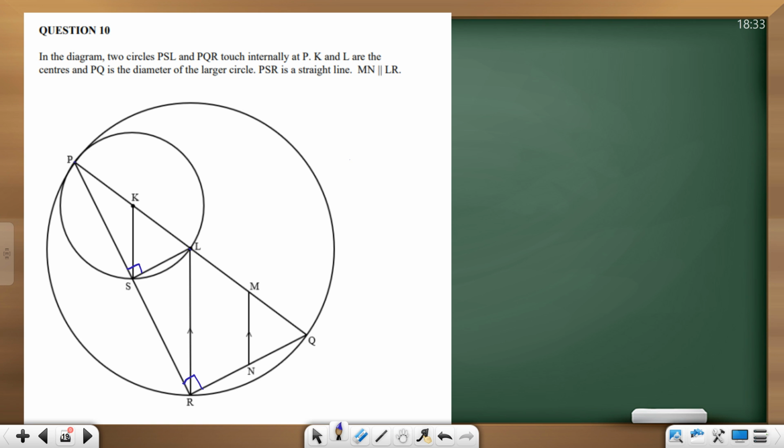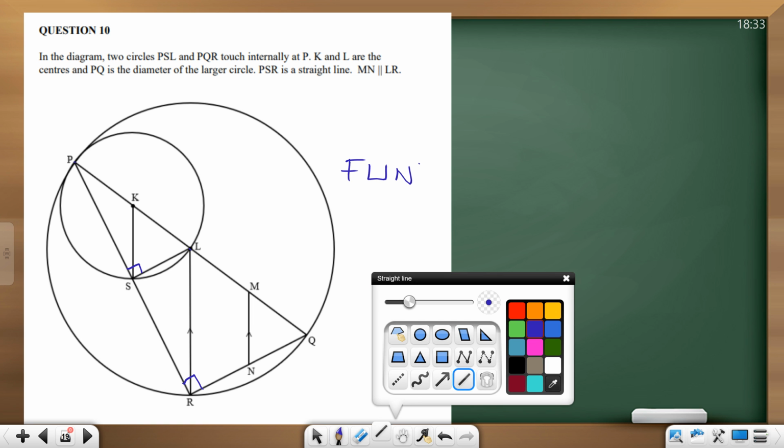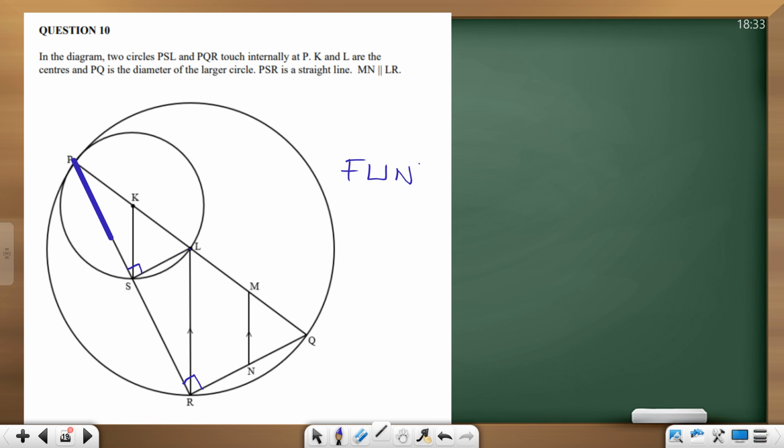Remember your F angles. So do we all see the F though? Do we agree? That's the F there. Which makes this line parallel. What's the reason? Converse of corresponding angles.